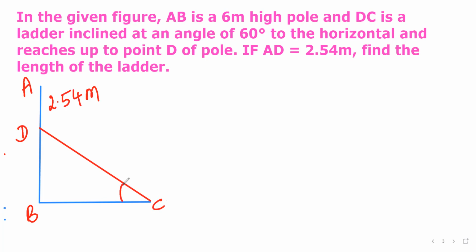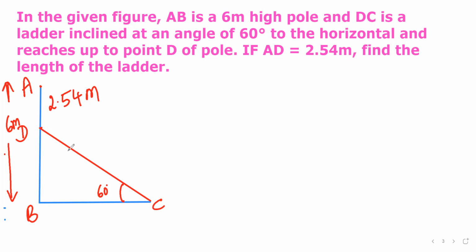The angle made by the ladder with the horizontal is 60 degrees, and the height of the pole is 6 meters. So the question is, from A to D is 2.54.